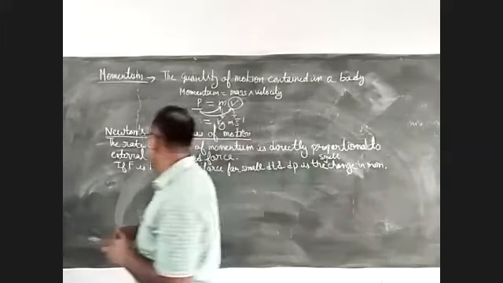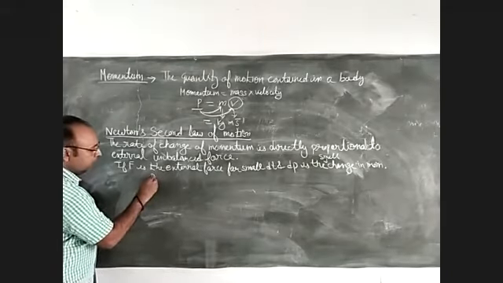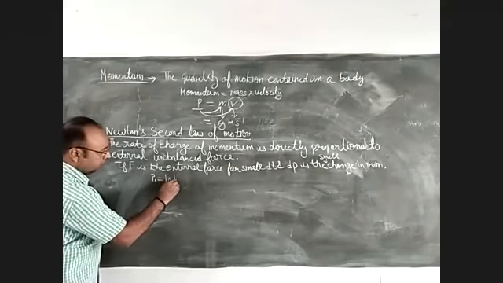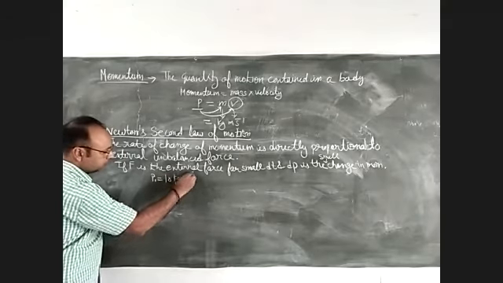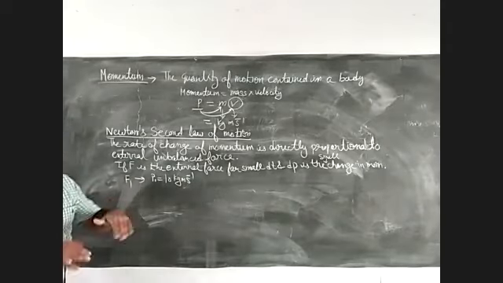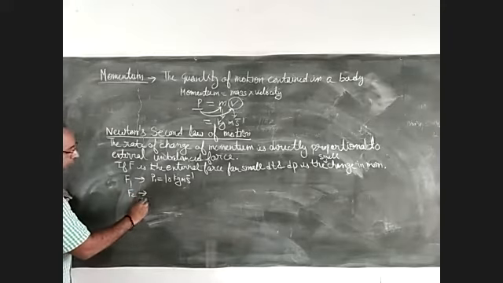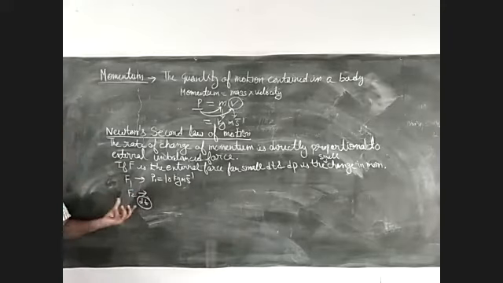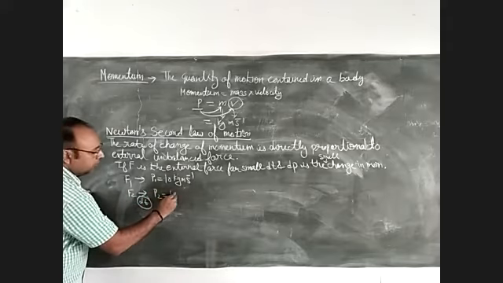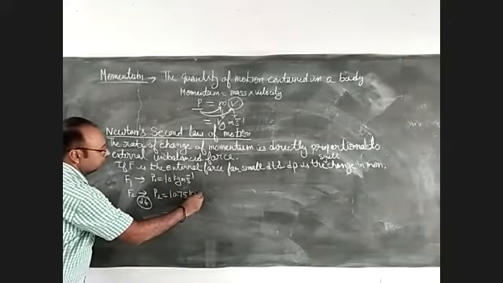Let us understand with one example. Let the momentum P1 be 10 kg m per second, when the force was F1. Now when I increase the force for small time dt, the momentum becomes 10.75 kg m per second.